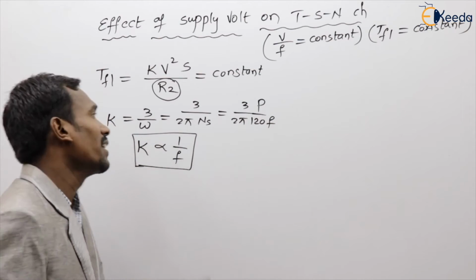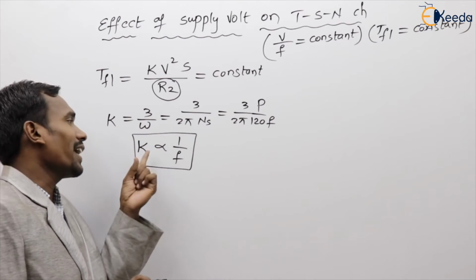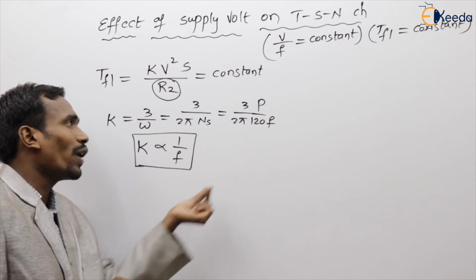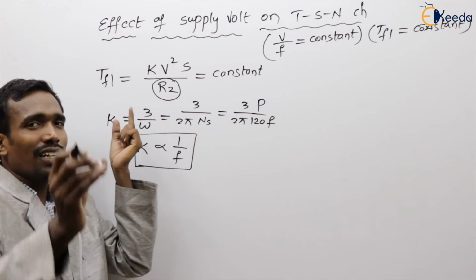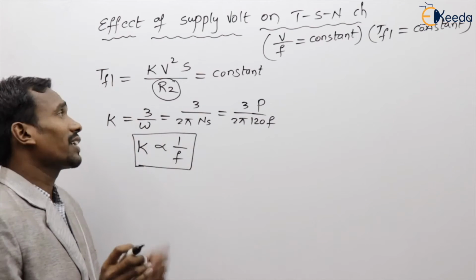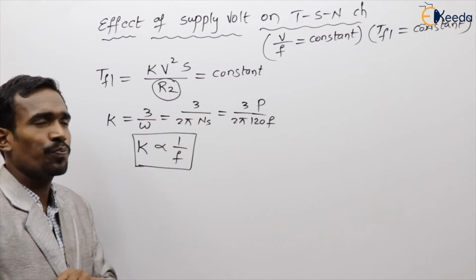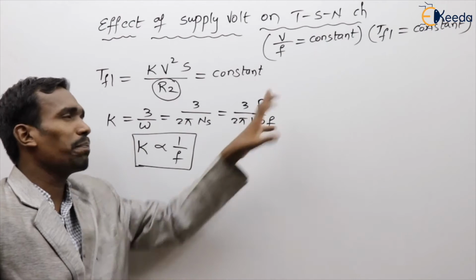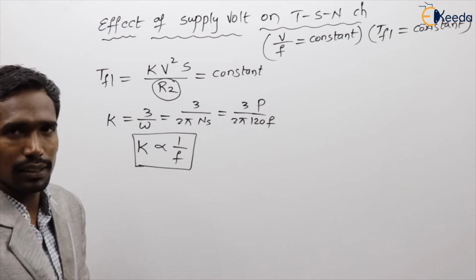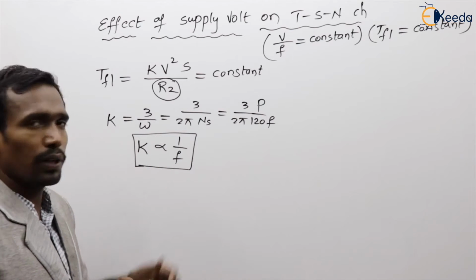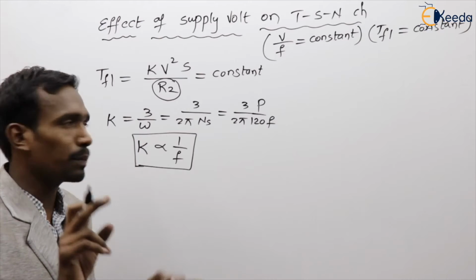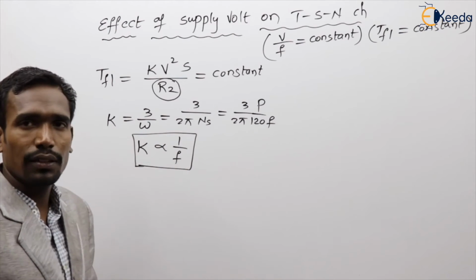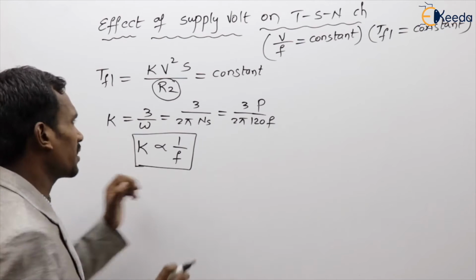In place of K, we have 1 by F. This is very important. K is inversely proportional to F.